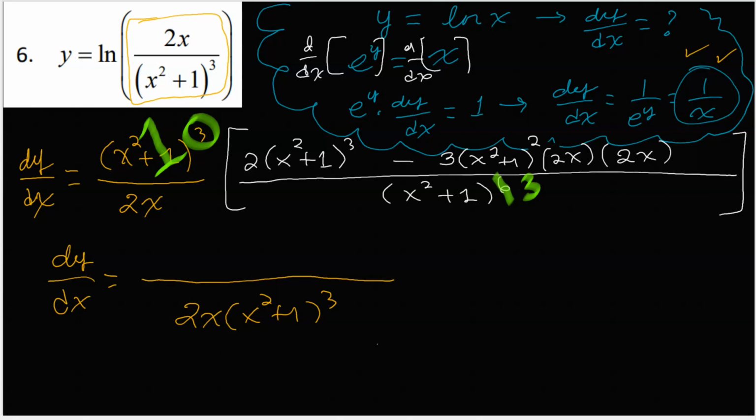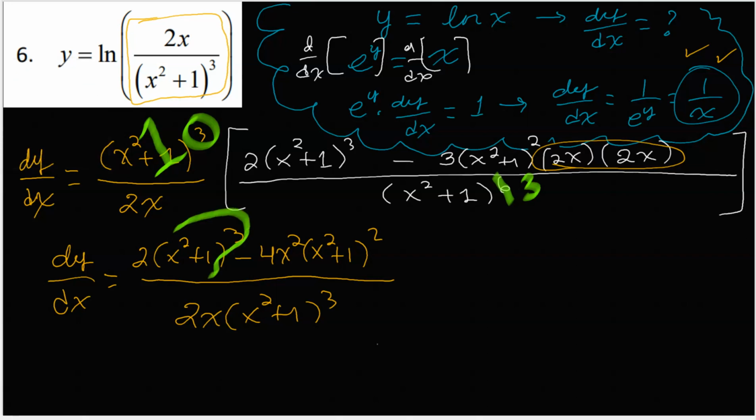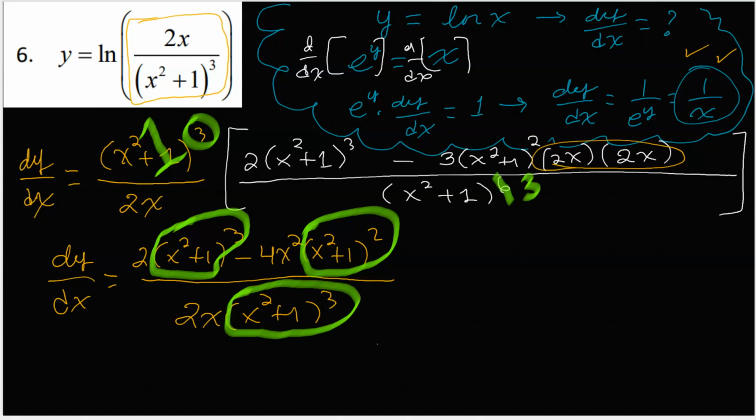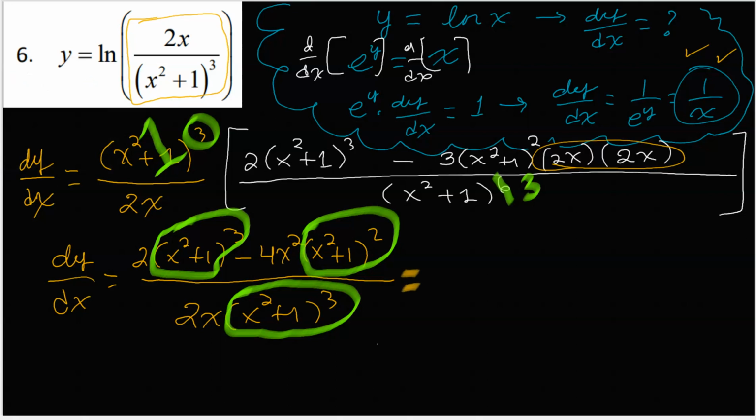On the numerator we will have 2 times x squared plus 1 to the third minus 2x times 2x, which is 4x squared, and then x squared plus 1 to the second. And we can see that we have x squared plus 1 to the third, x squared plus 1 to the second, and then x squared plus 1 to the third. Well, we can divide out x squared plus 1 to the second power.